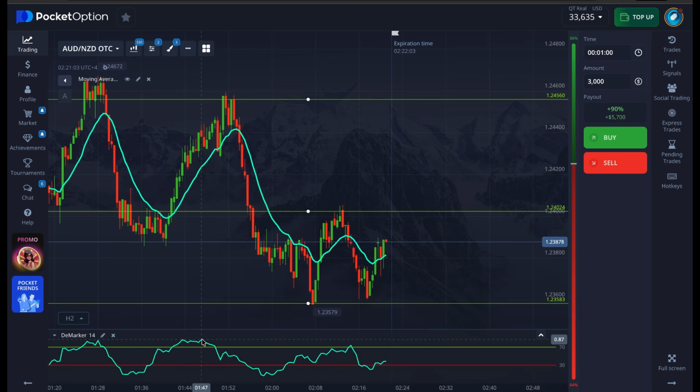Only when the control line is turning towards the ceiling, and it's trying to get inside the house, that's when you know that the buying pressure has been exhausted, and this is going to be a bearish trend.